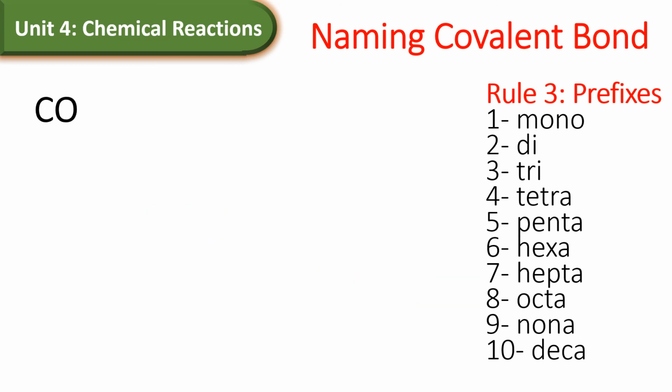And finally, this is our last example, so you can pause this video to think of the correct answer. Okay, let's check your answers. So again, what is rule number 1? So start with the element name. So C here is your carbon. And rule number 2, oxygen becomes oxide.